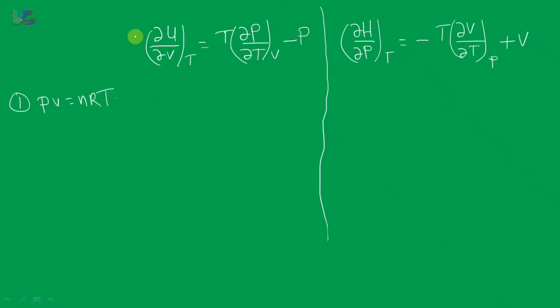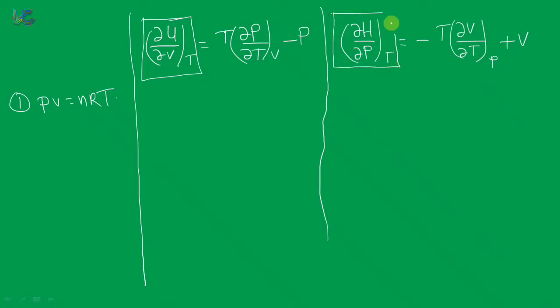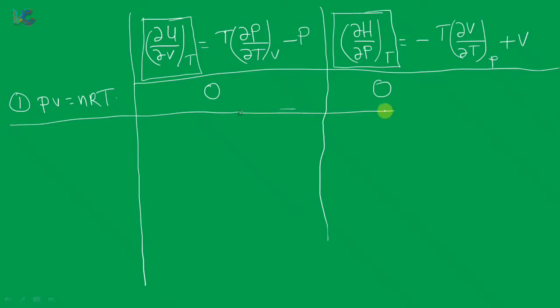For this, we are talking about the term del U del V at constant T, and in this case we'll talk about the term del H del P at constant T. For the ideal gas equation PV equal to nRT, we have already seen in our previous video that del U del V at constant T is equal to 0, and del H del P at constant T for PV equal to nRT is also equal to 0. So you can write this.